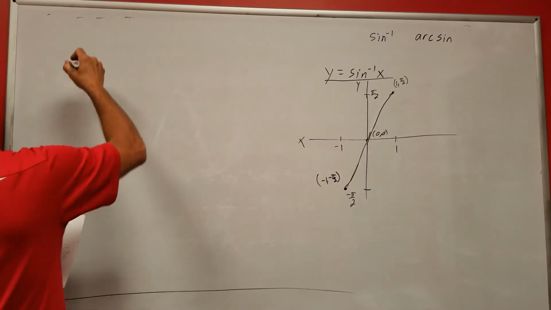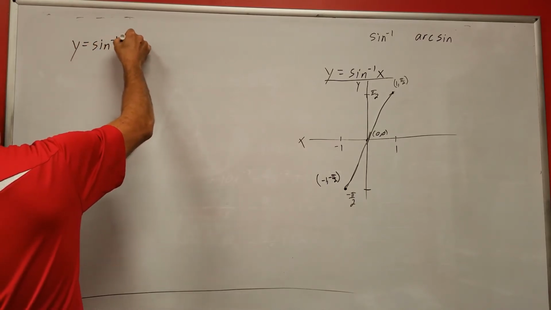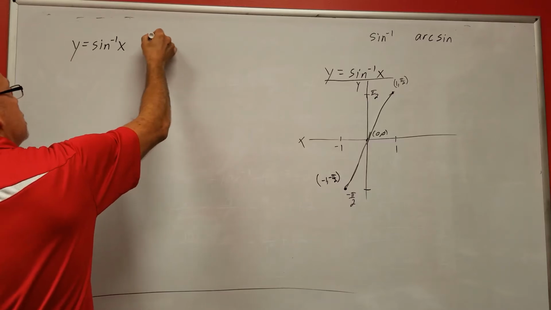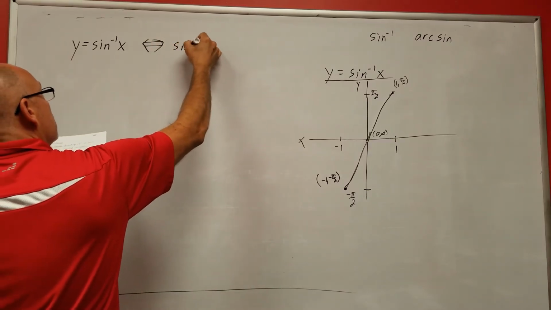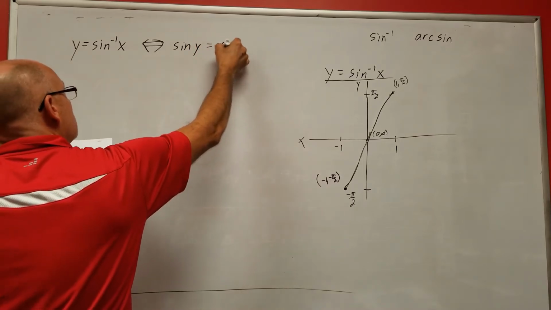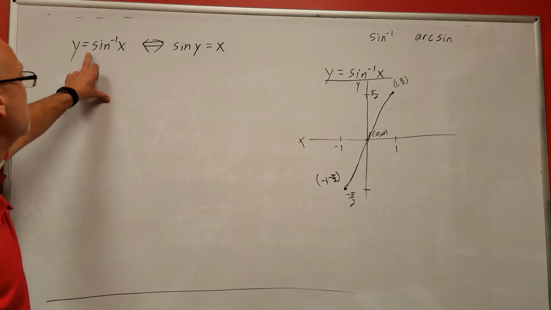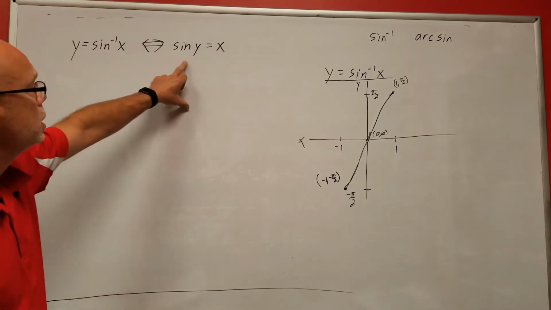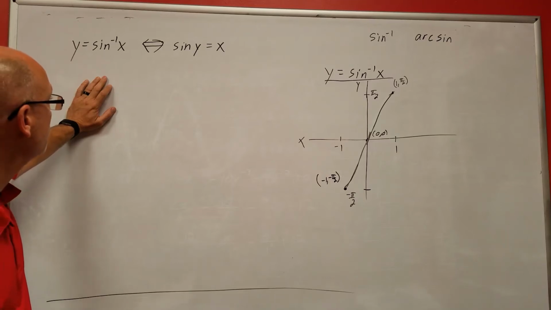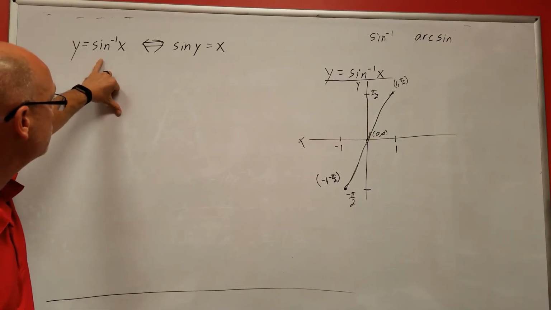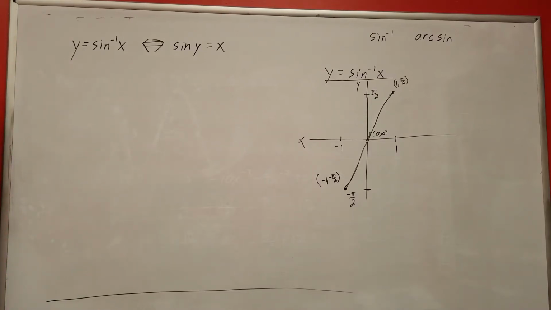And then it goes on to say y is equal to the inverse sine of x, and then we have a double-headed arrow here, and then we have the sine of y is equal to x. So we could read this as you can go from this form to that form or that form to this form with the double-headed arrow, okay? But y is equal to the inverse sine of x means you could write it as the sine of y is equal to x.